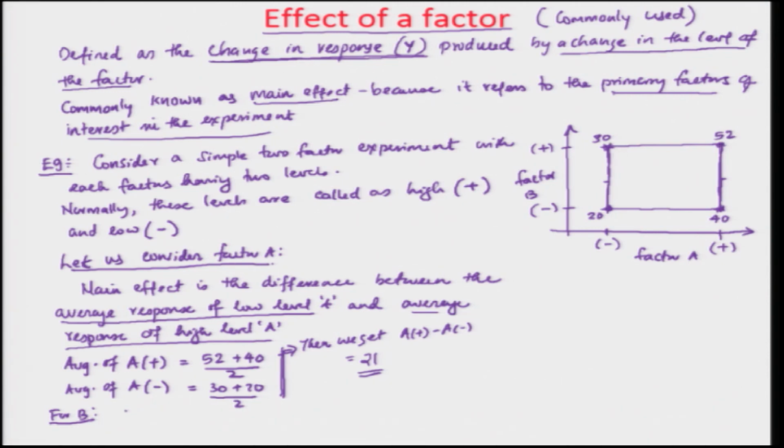So, for B it will be the high minus the low: 52 plus 30 divided by 2, minus 40 plus 20 divided by 2, which will give you 11. So, this is the average effect of A, and the average effect of B is between these values.